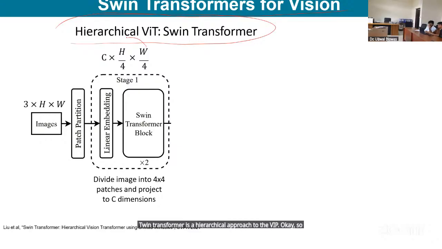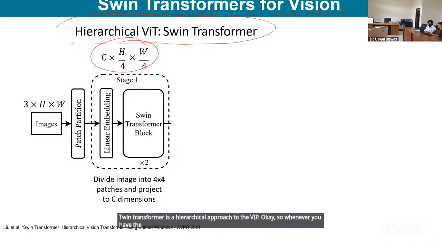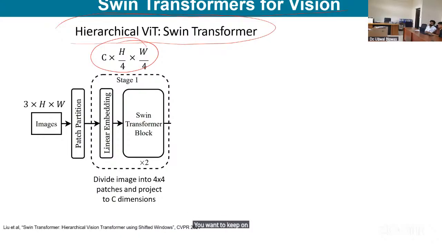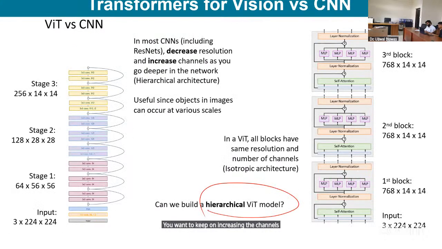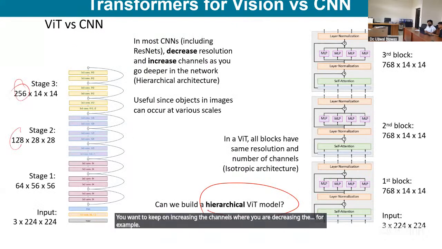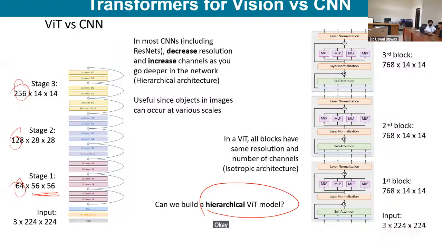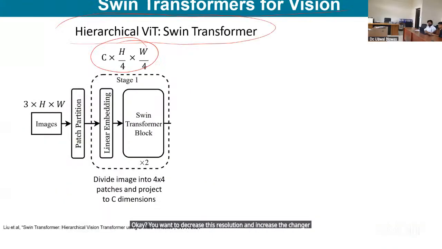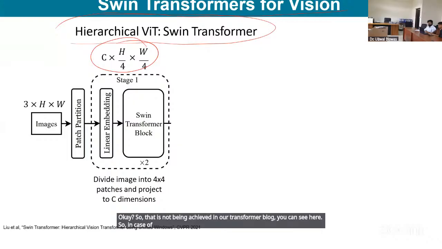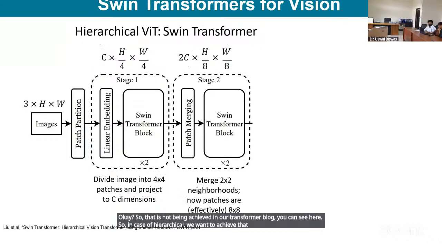You want to keep increasing the channels while decreasing the resolution, which is not being achieved in our transformer block you can see here. So in the hierarchical case, we achieve that by increasing the channels and decreasing the resolution.